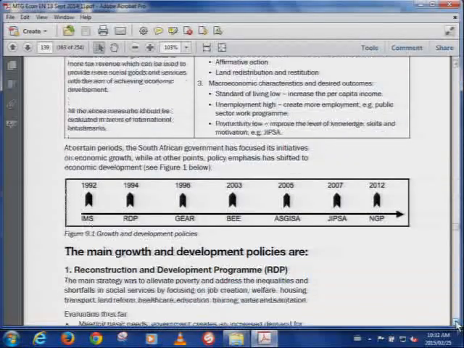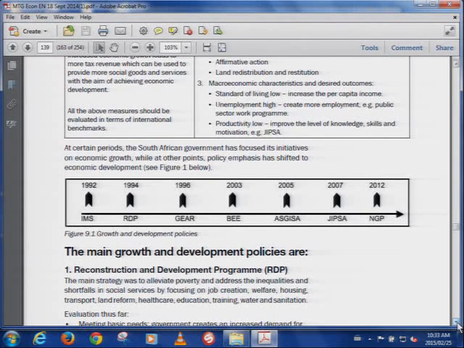This is just a timeline to show you which policy was introduced in which year. We've had so many policies in the country. In 1992, we had the Integrated Manufacturing Strategy. Later in 1994, when we had our first democratically elected government, they introduced the RDP, the Reconstruction and Development Program.